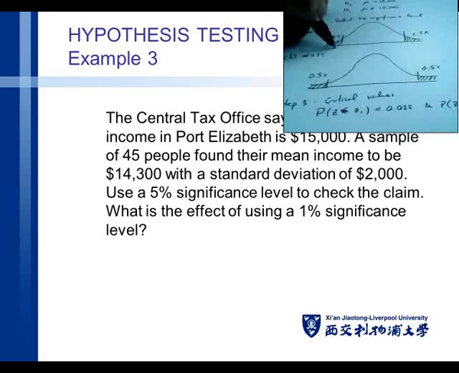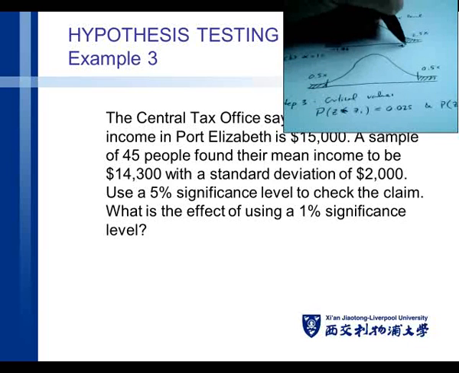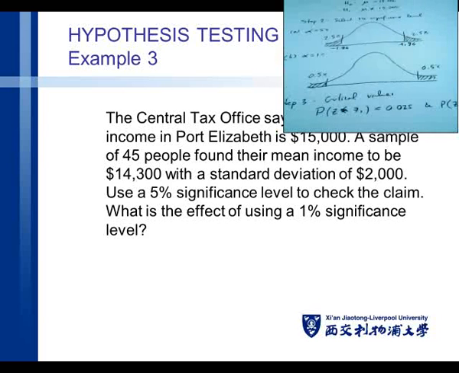So the critical values here are minus 1.96 and 1.96.